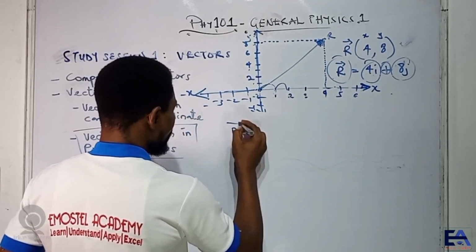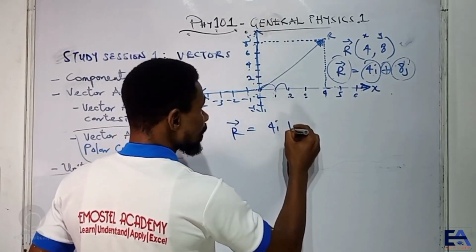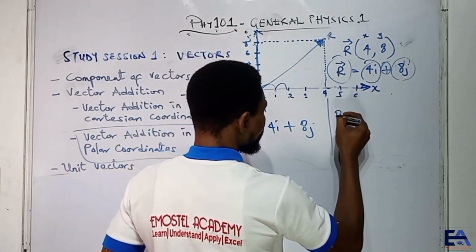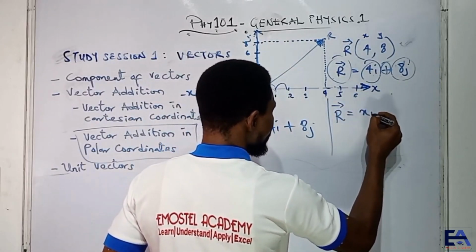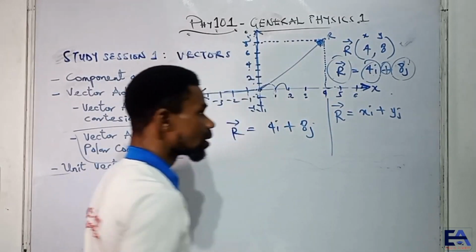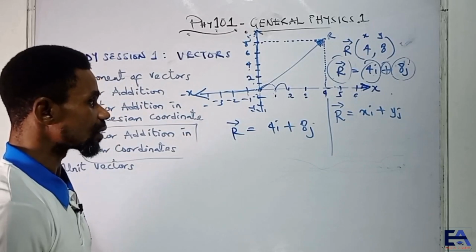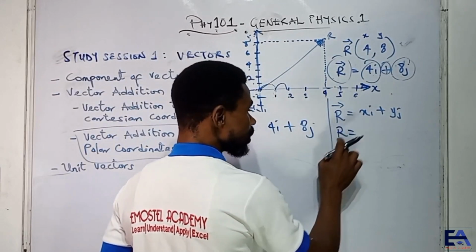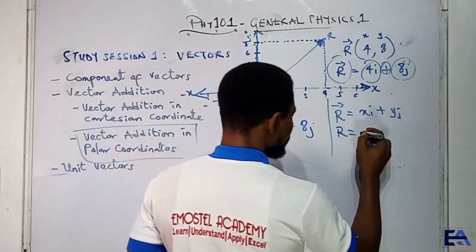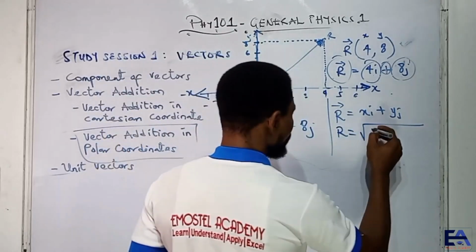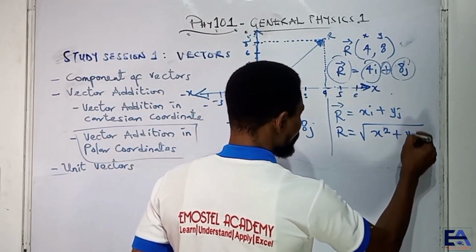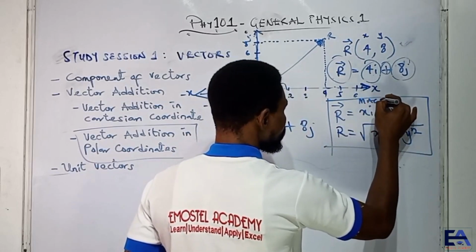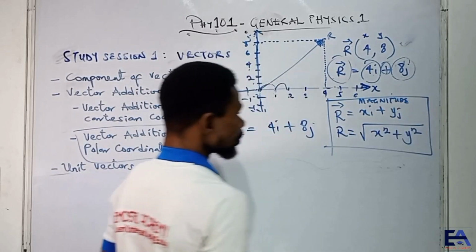If vector R is equal to 4i plus 8j, for instance, which means generally vector R is equal to xi plus yj, the magnitude of vector R, you see that I did not put the arrow on it, which means I'm talking about the magnitude, just like we did earlier, is equal to the square root of x squared plus y squared. This is the general formula for the magnitude of a vector given in this form.